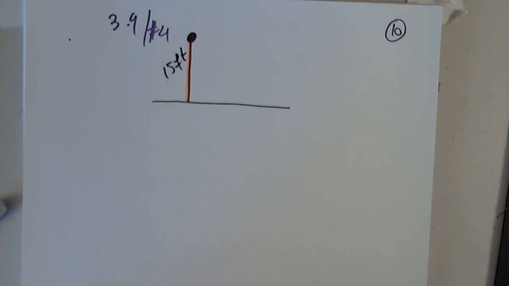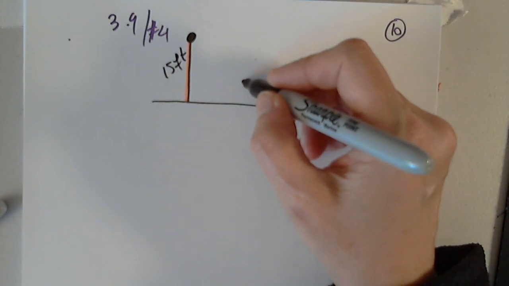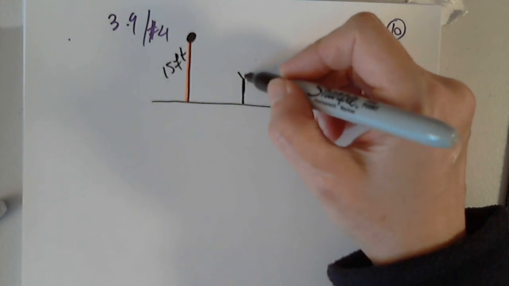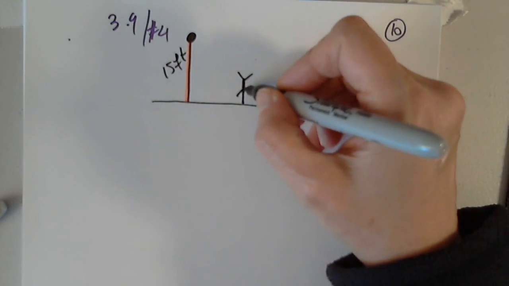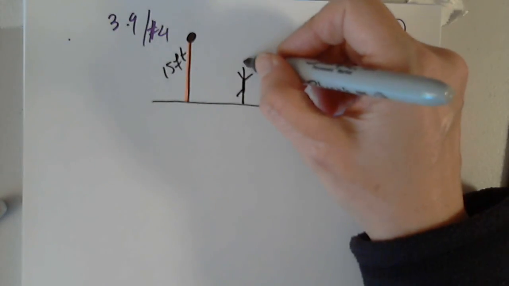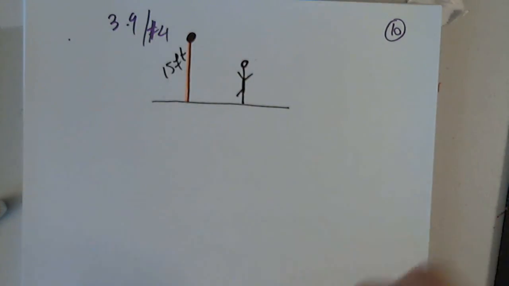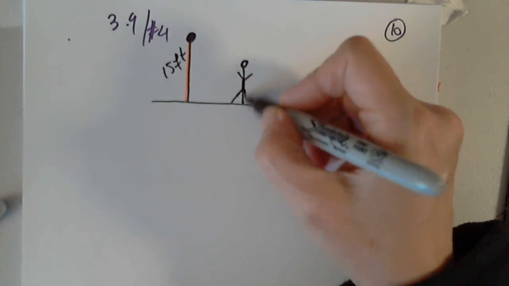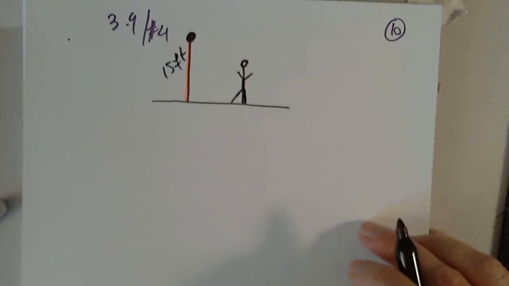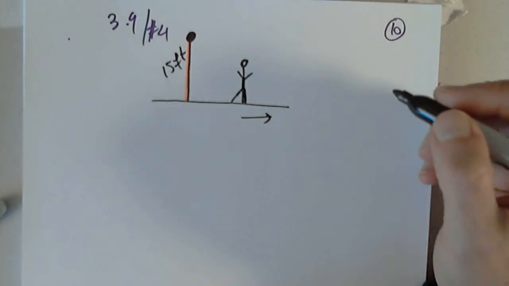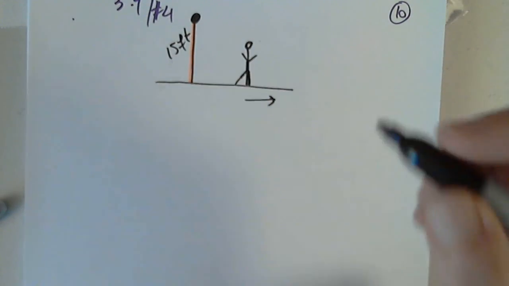A man 6 feet tall walks away from the pole with a speed of 5 feet per second.